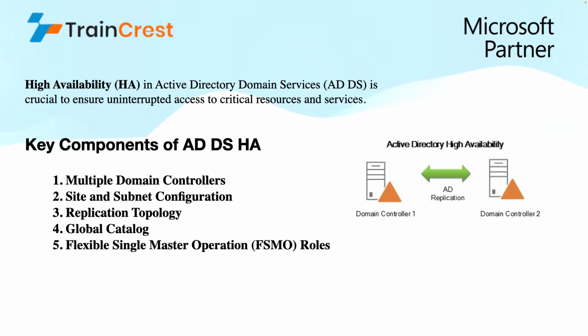We have primarily five FSMO roles: the schema master, the domain naming master, the PDC emulator, which emulates a primary domain controller, the infrastructure master, and the RID master. On FSMO roles there will be a detailed video, and I recommend visiting that video on working with FSMO roles in Active Directory and how to transfer or seize these roles across domain controllers.